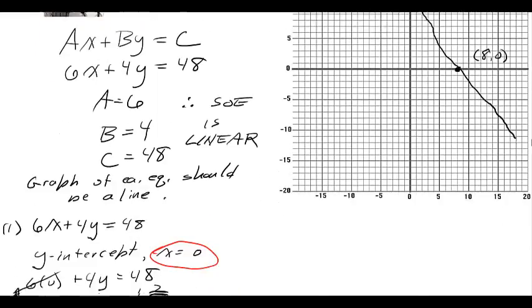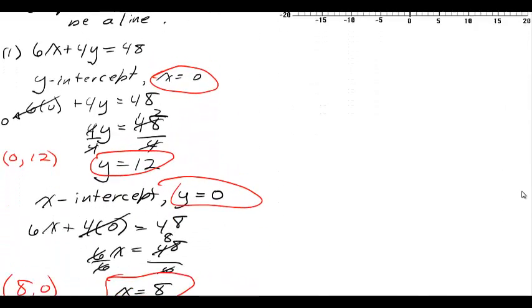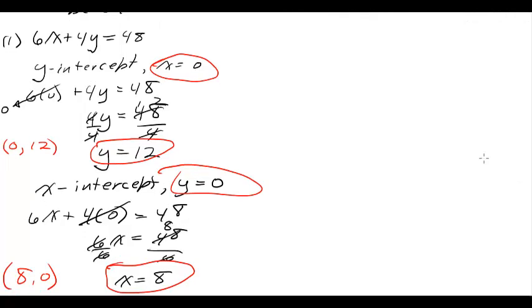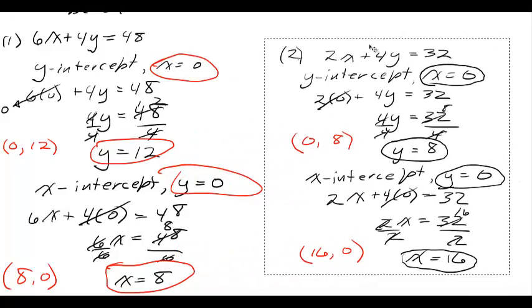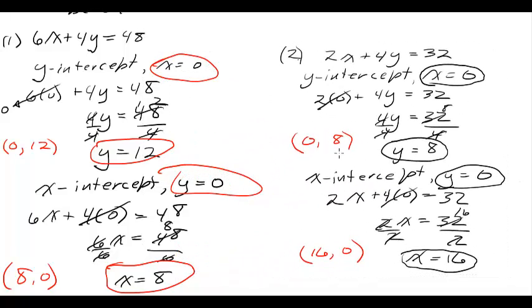All right, let's do our second, and let's speed up the process a little. Here's our second equation. You can pause the video here if you want to check my math.